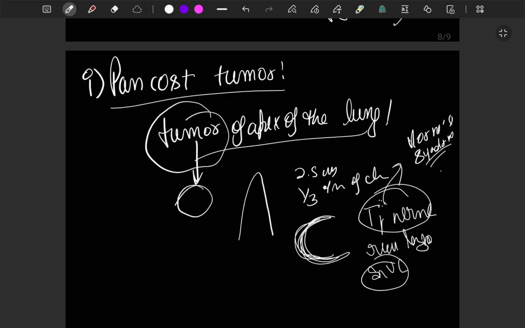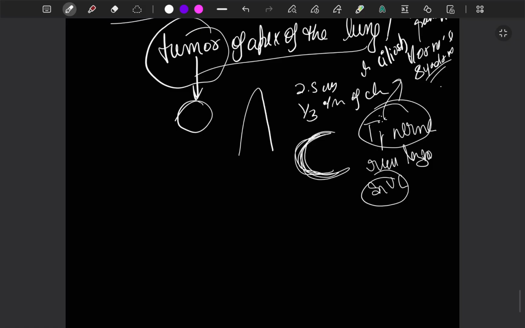Horner's syndrome: miosis, ptosis, anhidrosis, then loss of ciliospinal reflex, right? So yeah, that's how it is. So this was the Pancoast tumor when T1 is compressed.